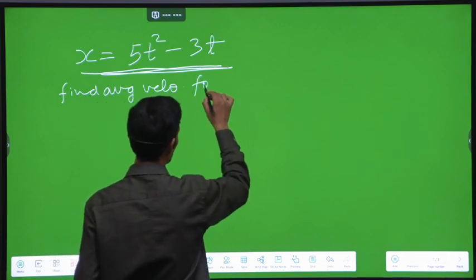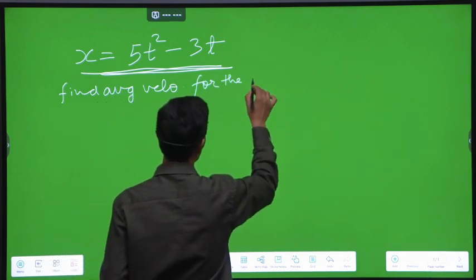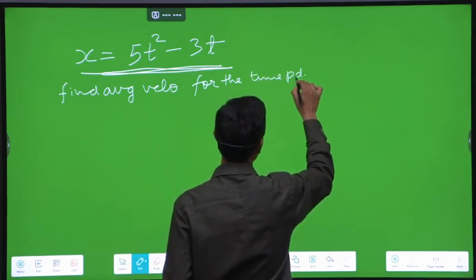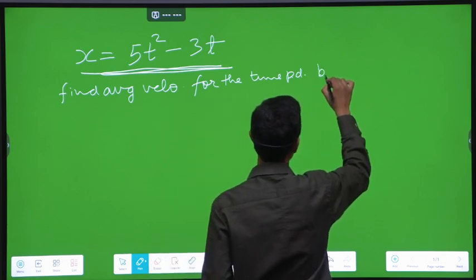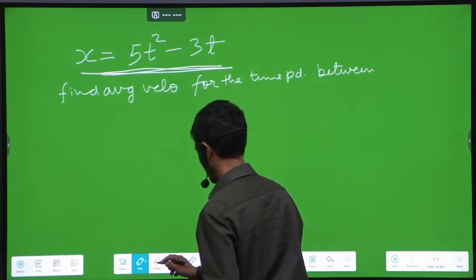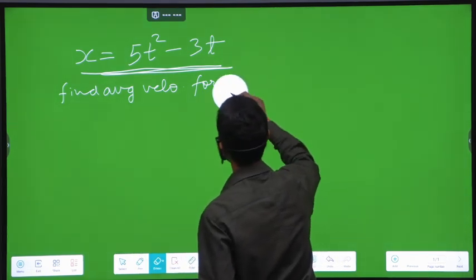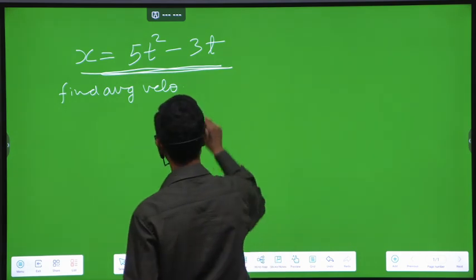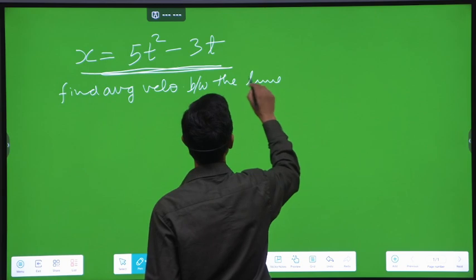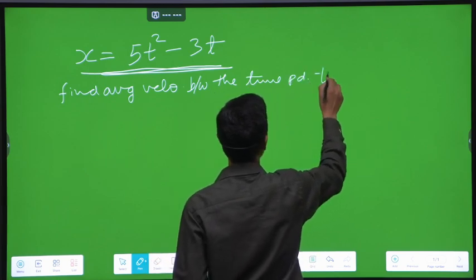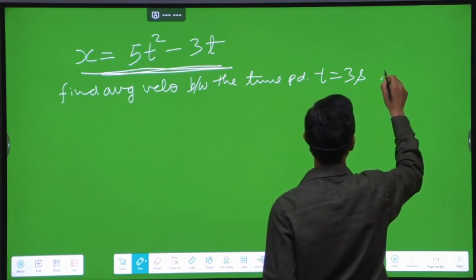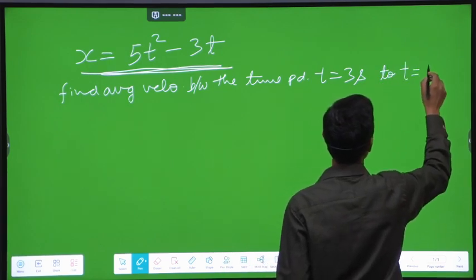for the time period between t equal to 3 second to t equal to 6 second.